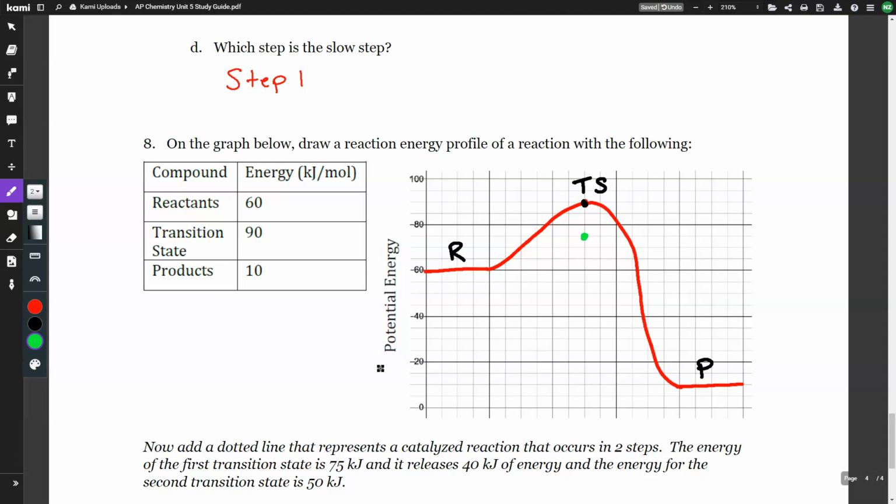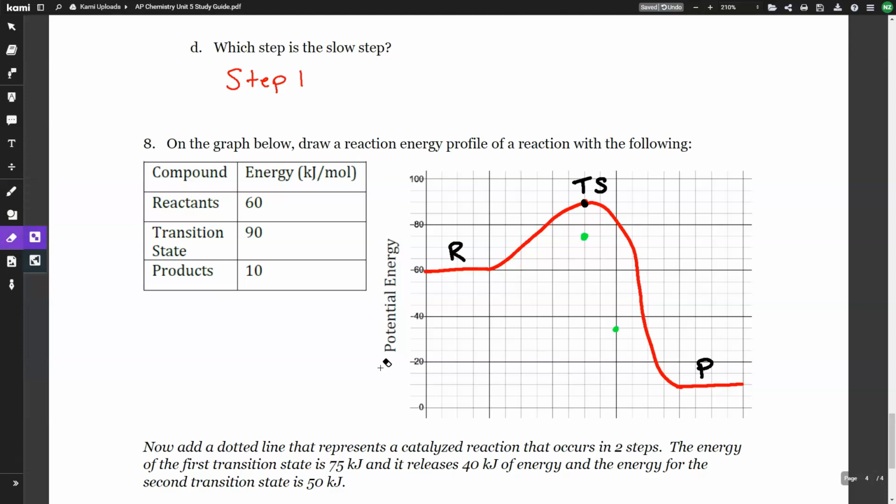We're going to have to do a little bit of math here. So let's see, 75, 65, 55, 45, and then we're going to have 35 down here. So let's just move that over just a little bit here. Okay, so that's our transition state.